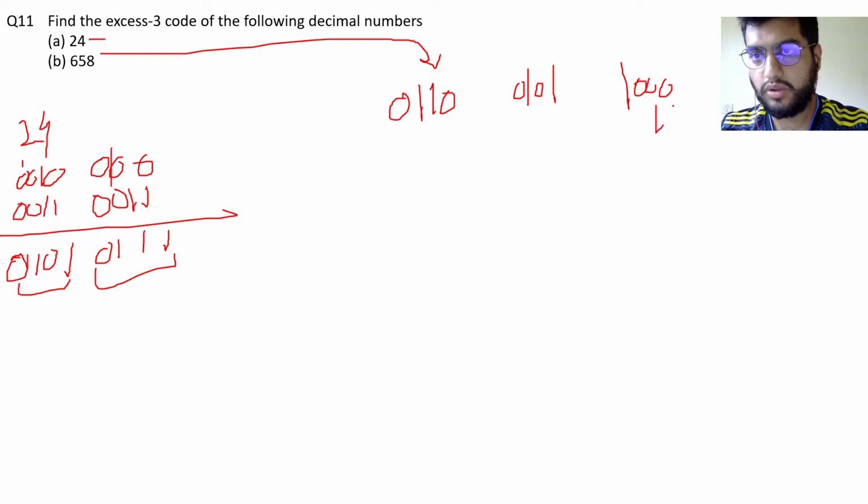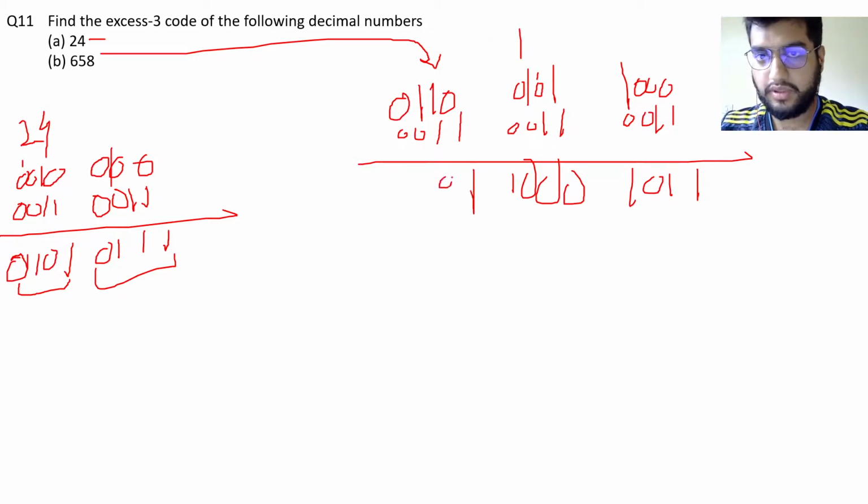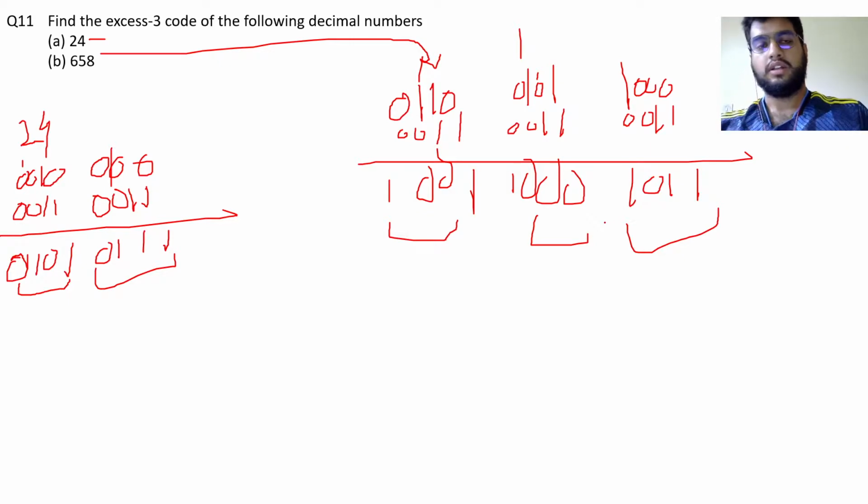Adding 3 to each for excess-3, we get 1001, 1000, and 1011. So this will be the excess-3 representation of 658. So the excess-3 codes of the following decimal numbers are these.